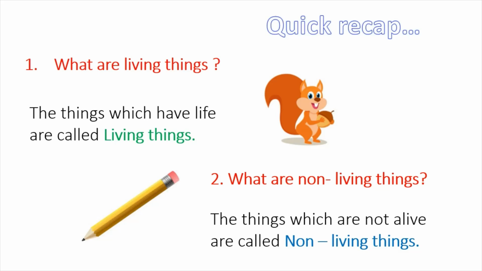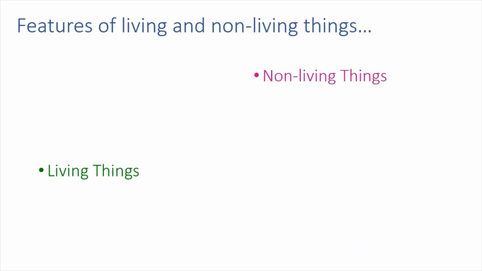But children, how do you recognize the difference between living and non-living things? There are some features of living and non-living things which will help us to find out the difference. One of the features which we have already learned is living things can move by themselves.